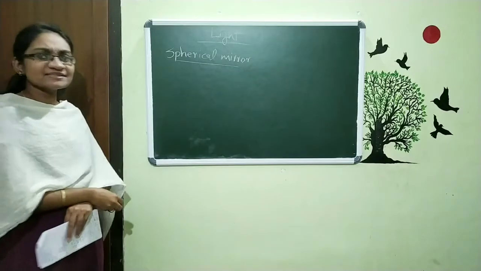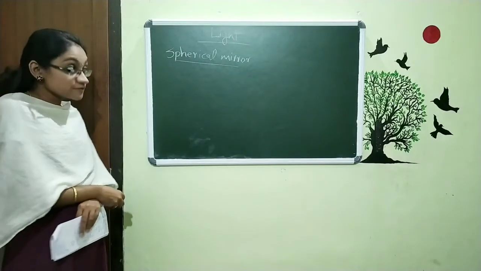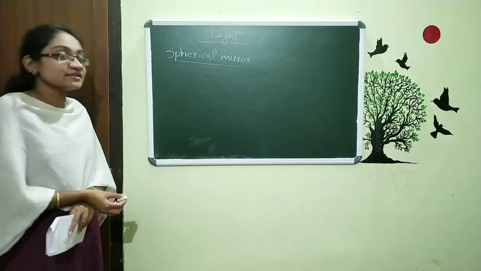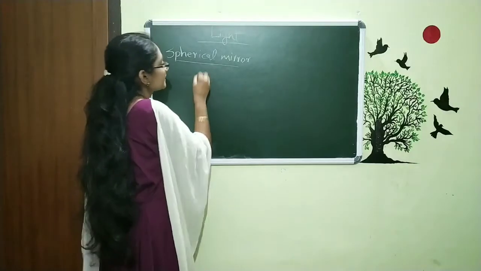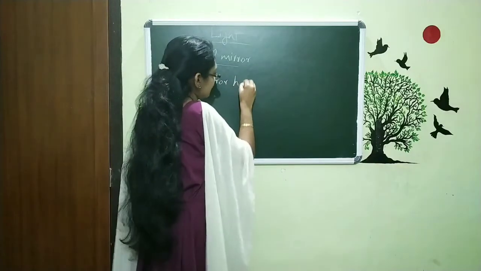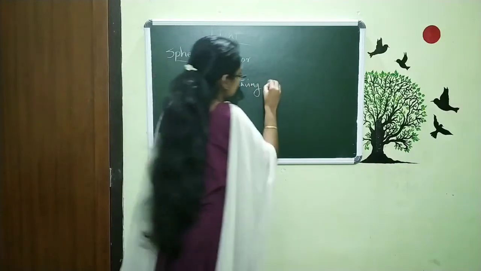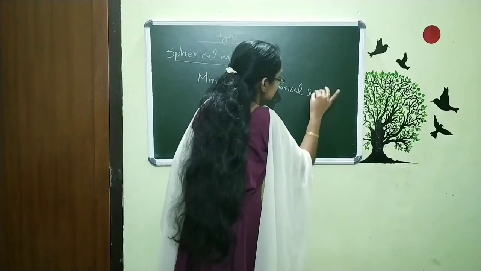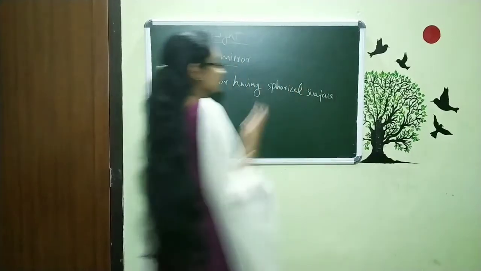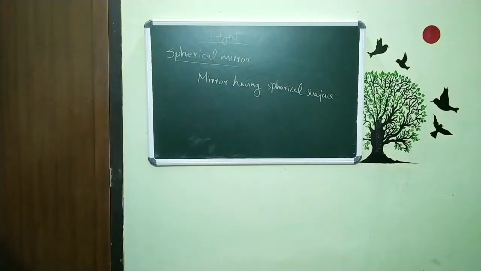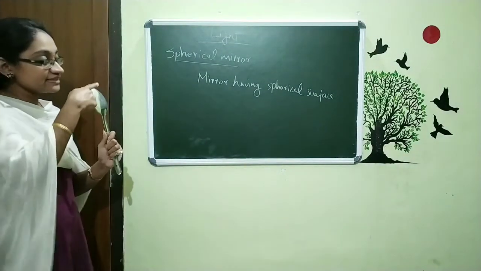What does spherical mirror mean? A spherical mirror means a mirror having a spherical surface. When we look at this spoon, you can see this side is curved.